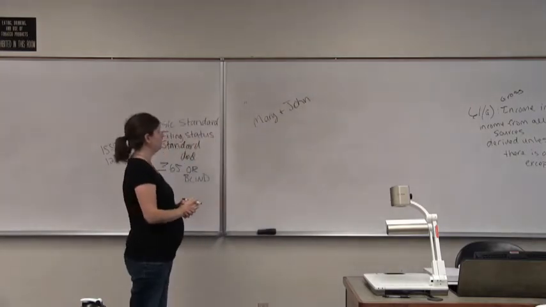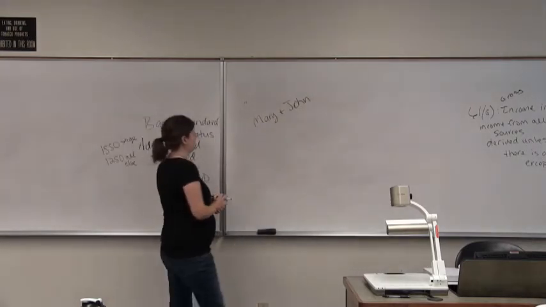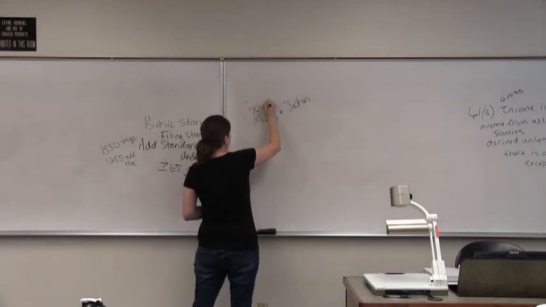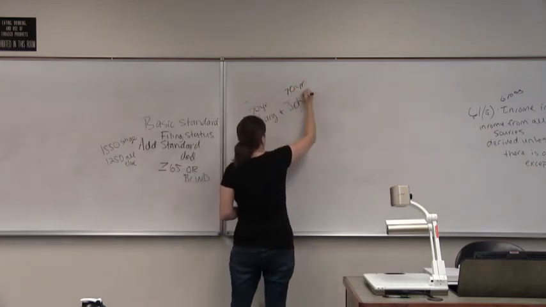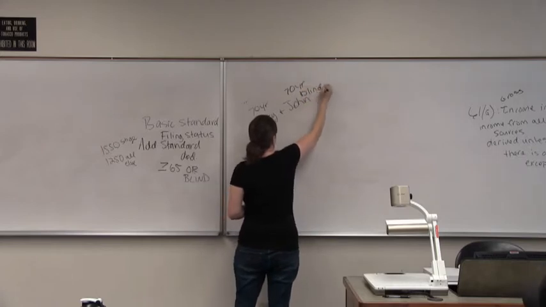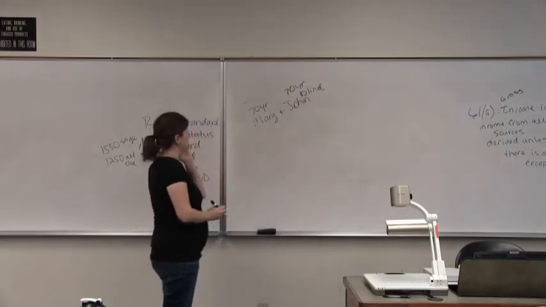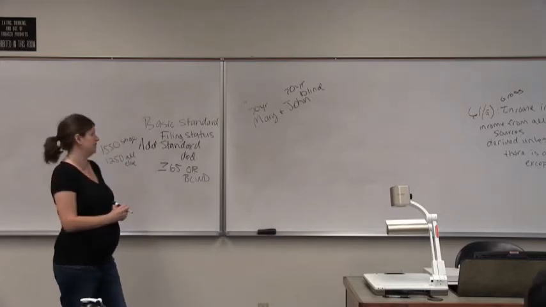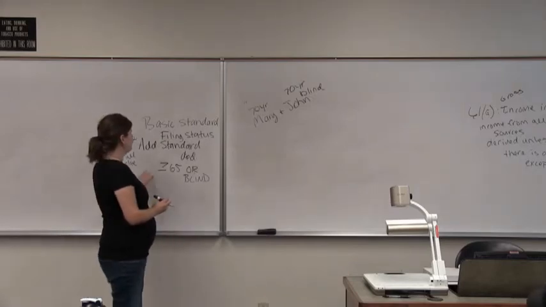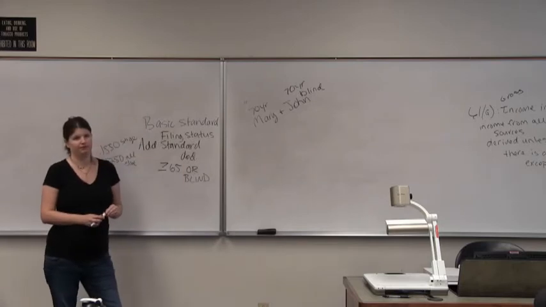Mary is 70 years old, and John is 70 years old and blind. So we want to figure out what's going to be the amount of their standard deduction. What is going to be their basic standard deduction?